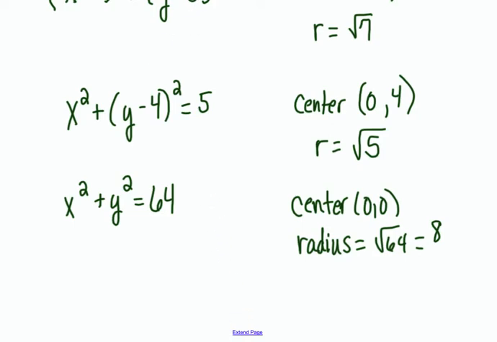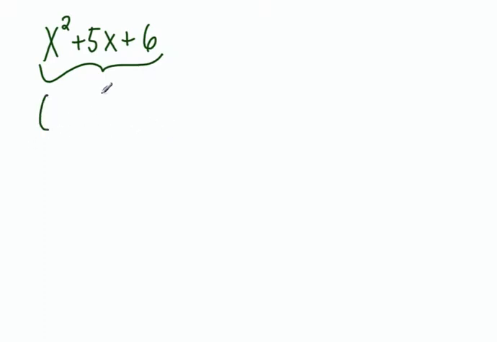All right, here we go. This is the new stuff. This right here, recall factoring. How do you factor this? x and x multiplies to be 6, but adds to be 5: 2 and 3.